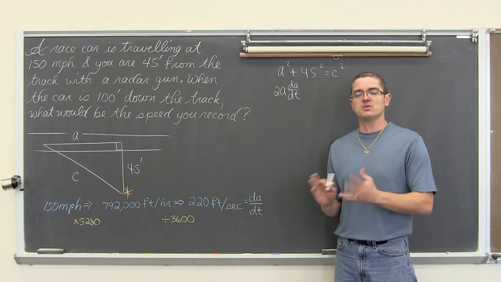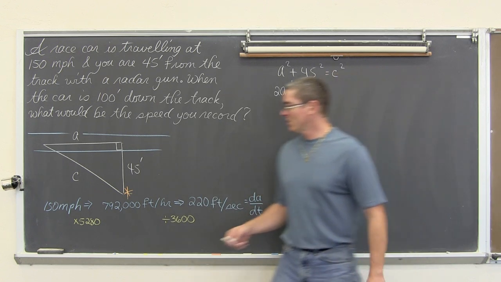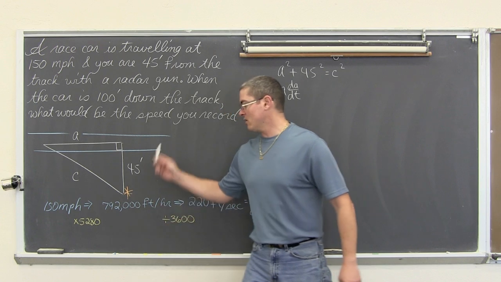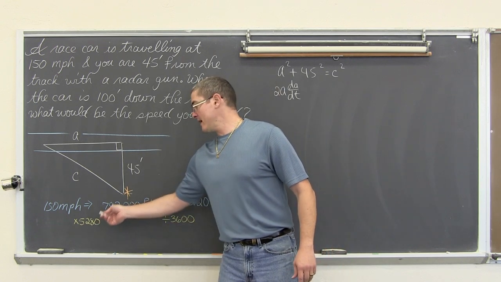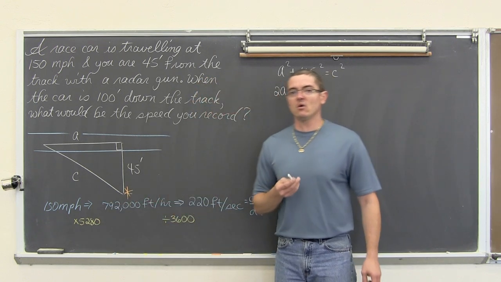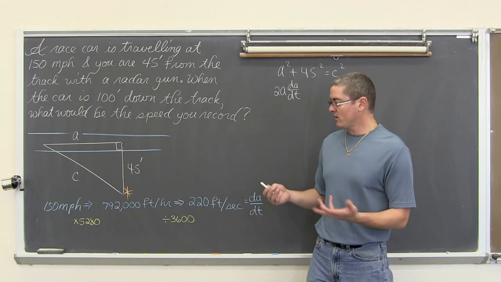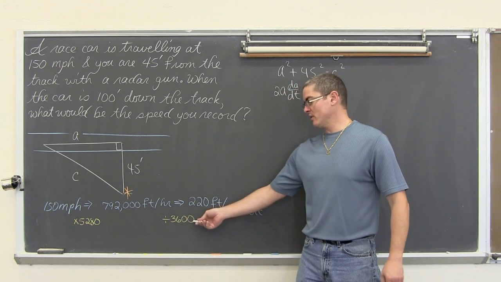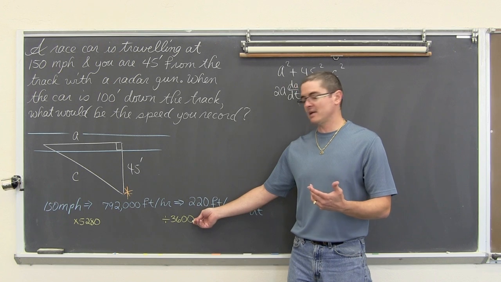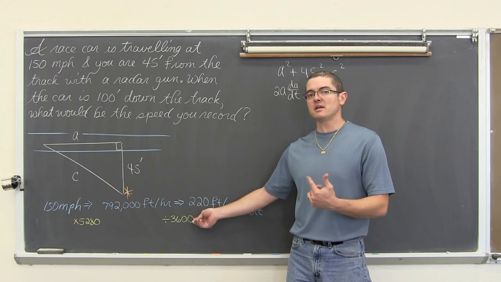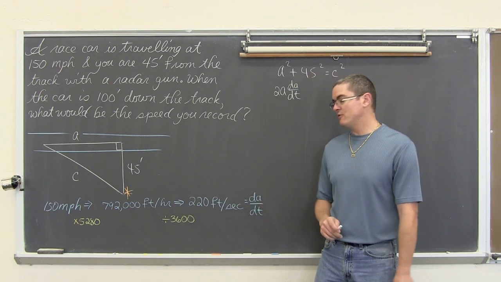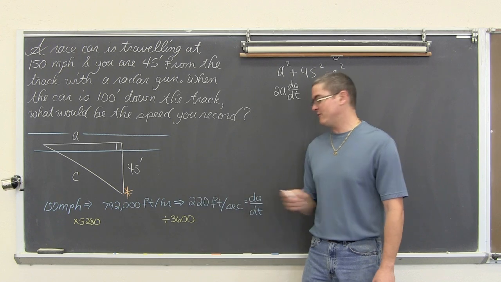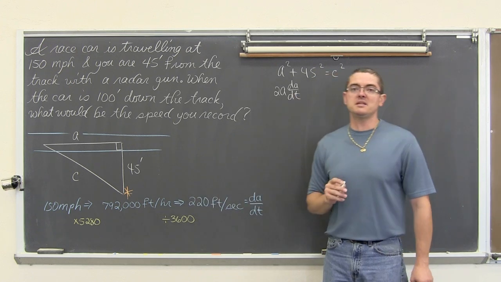So we need to make all these units of measure match. I've taken 150 miles per hour, multiplied it by 5280 to get it into feet per hour, and that's quite a large number, so I divided it by 3600, because there are 60 minutes in an hour and 60 seconds in a minute, to convert that into feet per second. So we're going to use 220 feet per second for dA over dt.